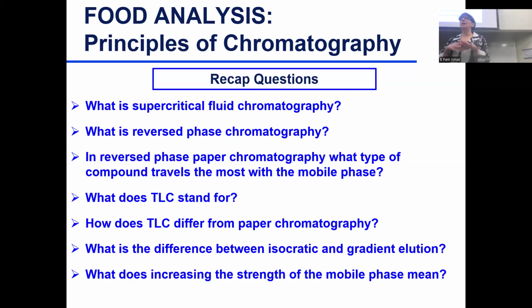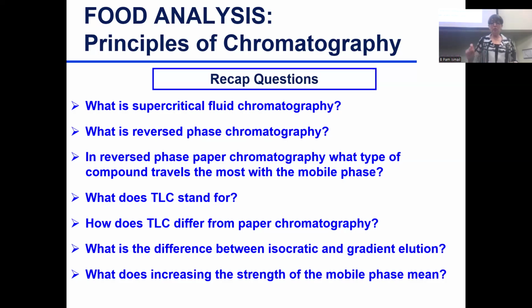All right, what's the difference between isocratic and gradient elution? What do we mean when we say isocratic elution? Yes, go ahead, Emma. The mobile phase stays the same, it's not changing. The gradient is where it changes through time. Exactly.